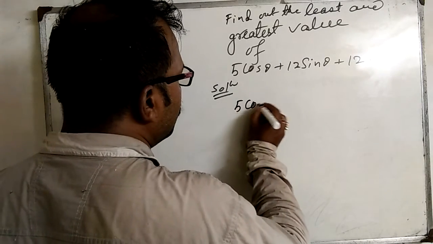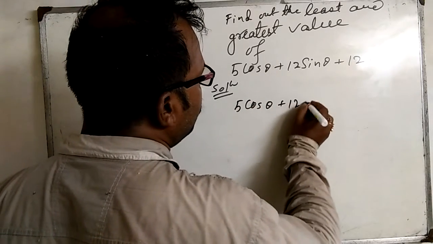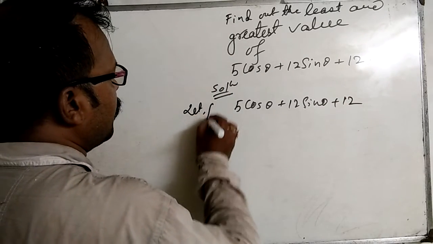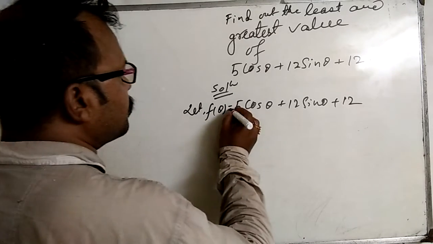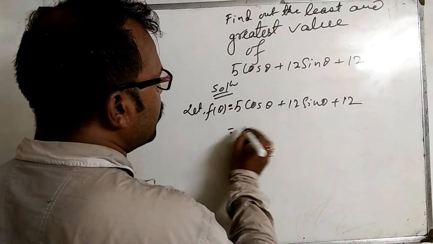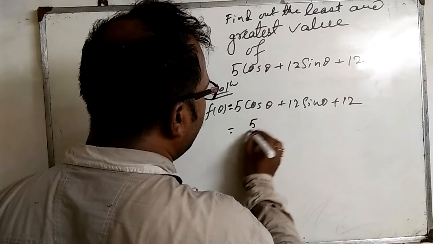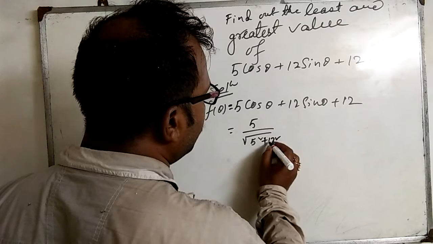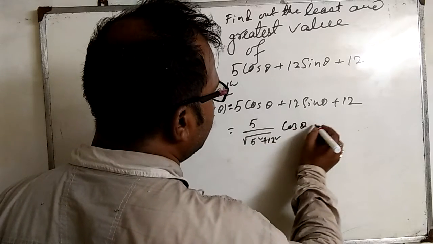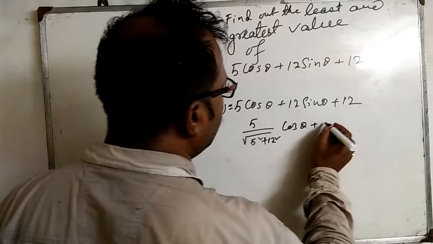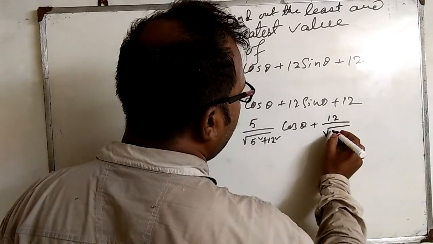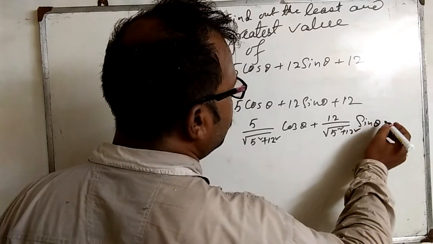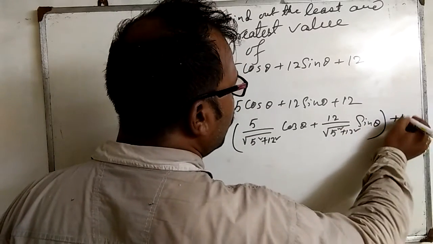5 cos theta plus 12 sin theta plus 12. Let f theta equals to, it's like that. That is equals to, we can write 5 by root over 5 square plus 12 square into cos theta plus 12 by root over 5 square plus 12 square sin theta and plus 12.